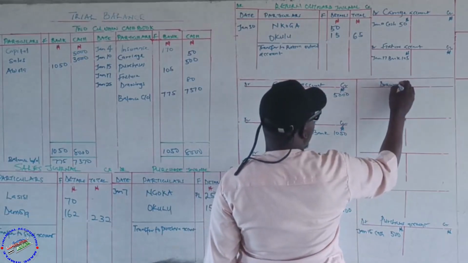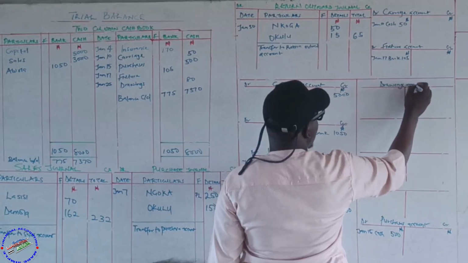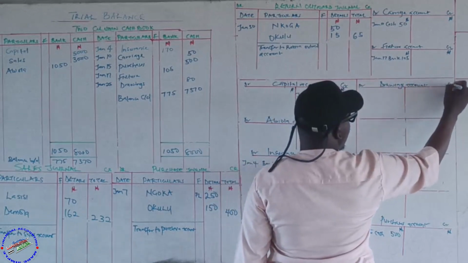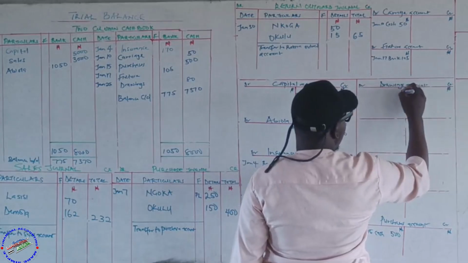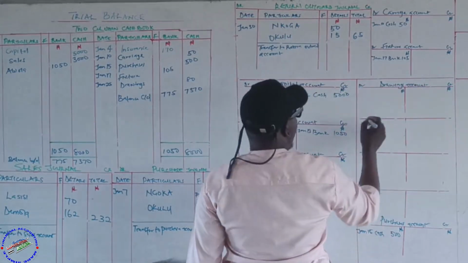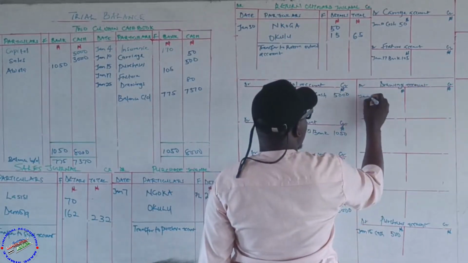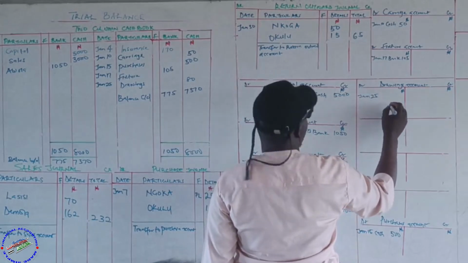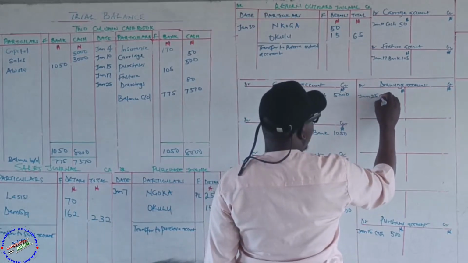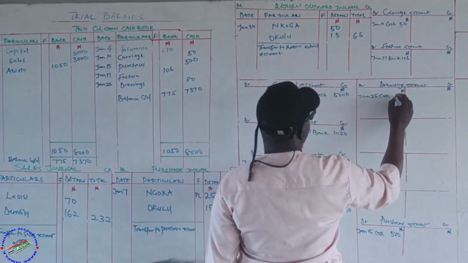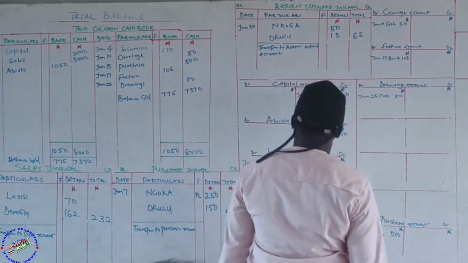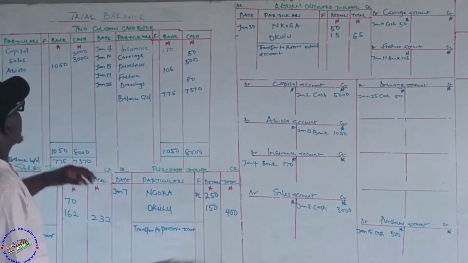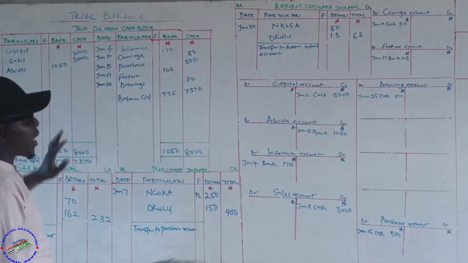Drawings accounts, debits, credits. So I have January 25, cash, 18 naira. So I have posted all the transactions we have in our cash book.